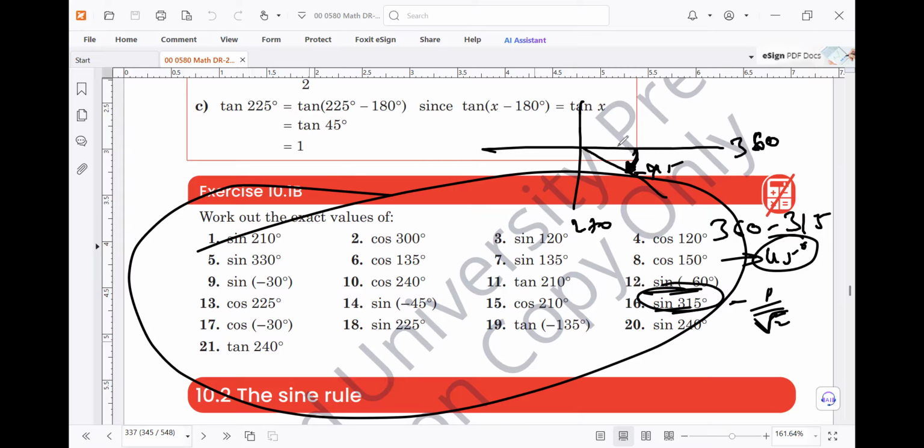This is negative 45, and this 315 is this, so it has to be negative. So that's what they want.